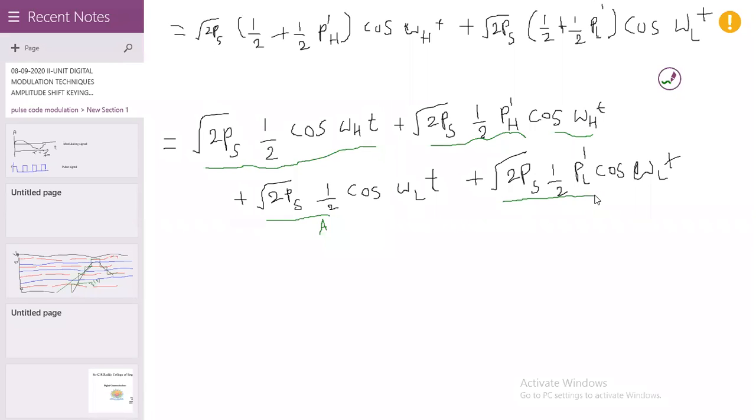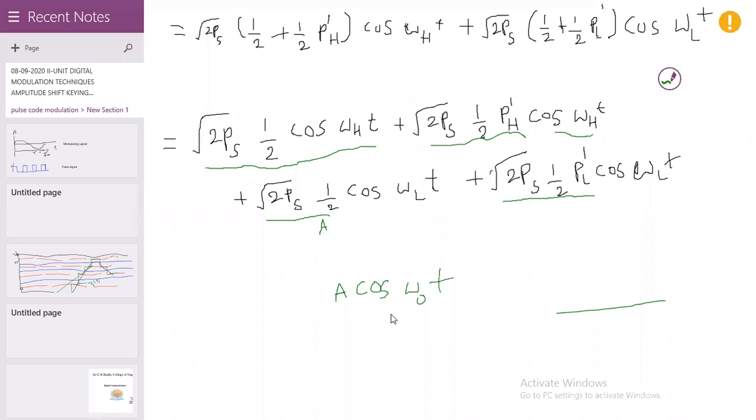You all are familiar with A into some cos omega naught t, and the spectrum of that signal is like this. How can we write the spectral components of A cos omega naught t? We write the exponential formula: e to the power of j 2 pi f naught t and e to the power of minus j 2 pi f naught t, divided by 2.